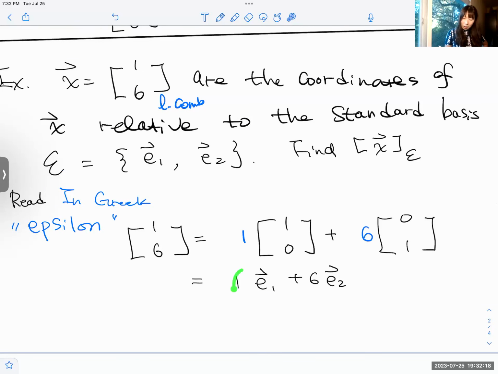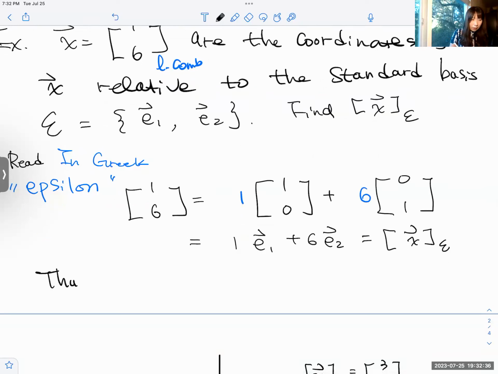Look, this is the same as this. Thus the epsilon coordinate of a vector x is the same as vector x.